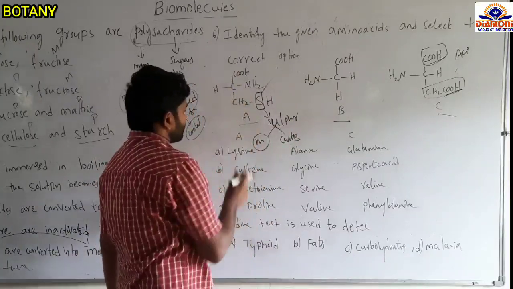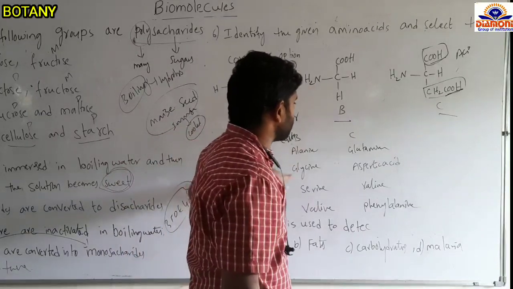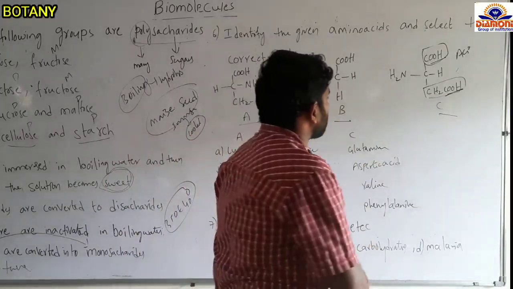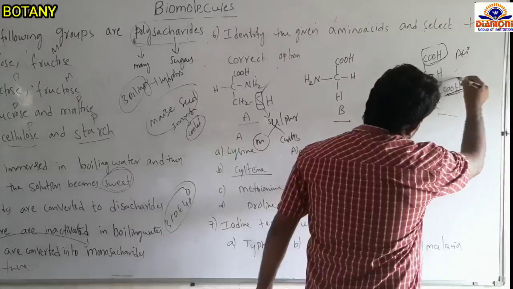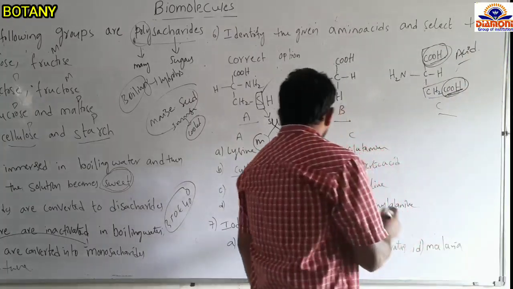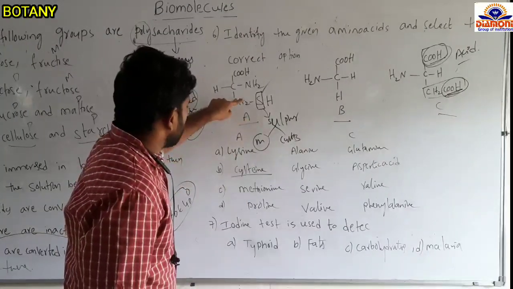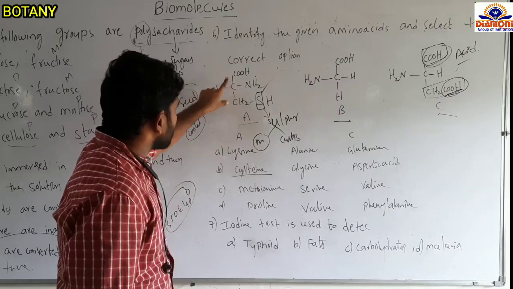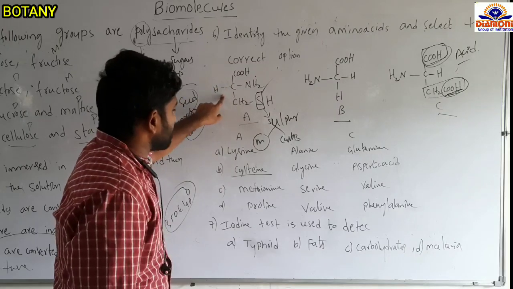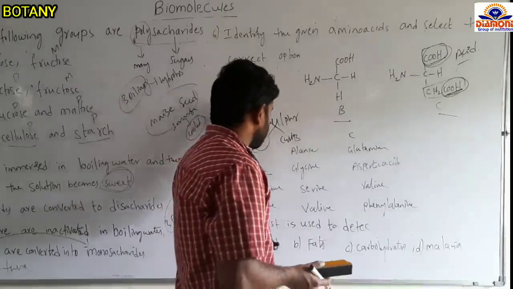Option B is glycine, aspartic acid. Acidic amino acids have more carboxyl groups. So the answer may be B. Just check the remaining. Methionine is also a sulfur-containing amino acid.